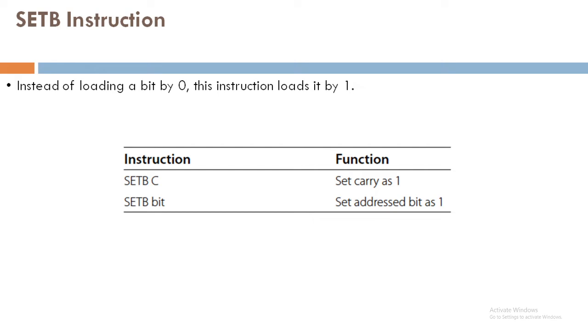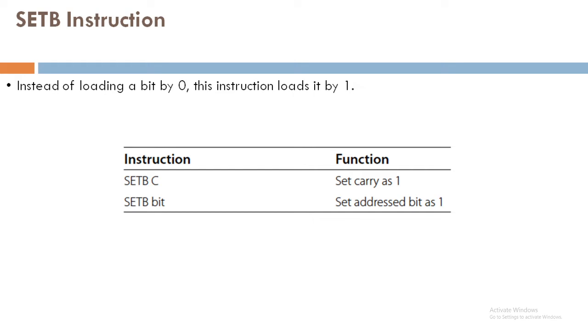In case of SETB, instead of loading a bit by 0, this instruction sets it. That means it loads it with 1. So if we have the instruction SETB C, means set the carry to 1. So whatever be the initial condition, it is 1. And if we use SETB bit, that means set addressable bit as 1.